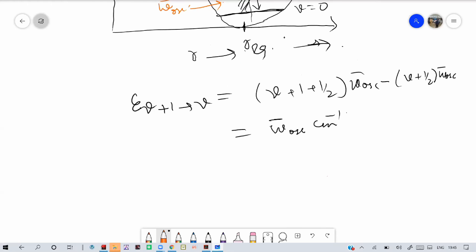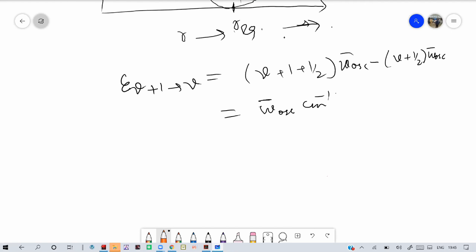Here it is omega oscillation, the vibrating frequency, and you can write the wave number, called the spectroscopic wave number, in centimeter inverse. Okay, this is the vibration spectra for a harmonic oscillator actually.